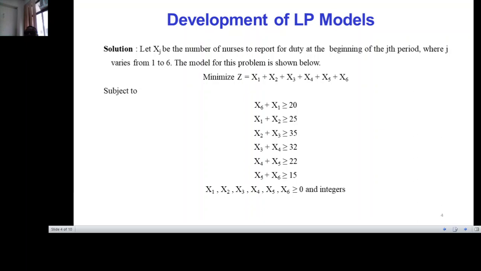Negative means you are keeping the nurses out of your hospital. Here the nursing home requires nurses to come from outside, not that you are supplying nurses outside. So you need to have all these variables greater than or equal to 0. So this is the non-negativity constraint, and all these numbers have to be integers only. So this is the mathematical model of this given problem.